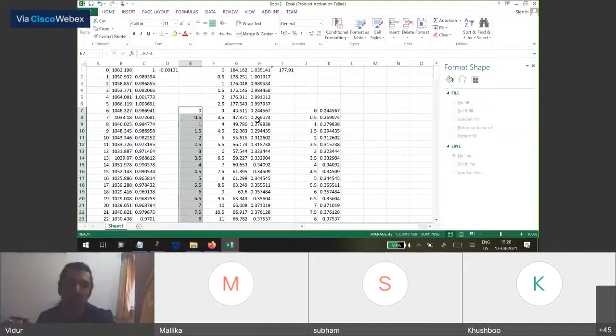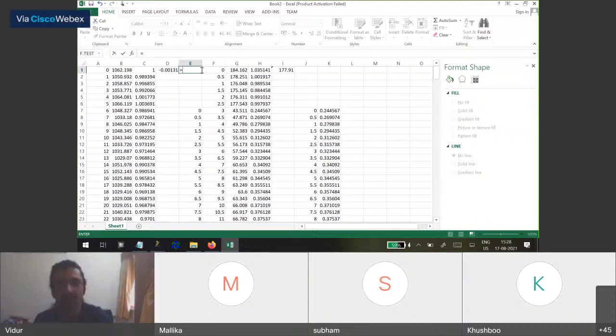So what you have to do is put equal to. You have to select the cell first, which is the time cell. As an example, here it would be F1, and then F1 -3. You have to press enter, and once you do that, then you can drag this and it will auto complete.